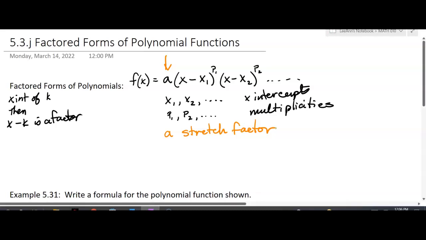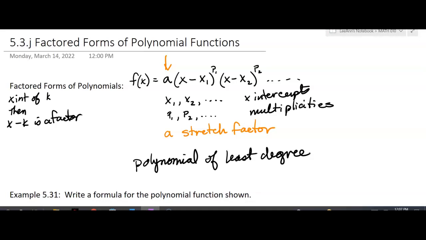Okay, so what they're going to do is give us a graph, and we're supposed to come up with the polynomial of least degree. Now, that's kind of important to say least degree because sometimes when we look at the multiplicity, we might know it's odd, but we don't know if it's 3 or 5 or 7. So we're going to go with the lowest number.